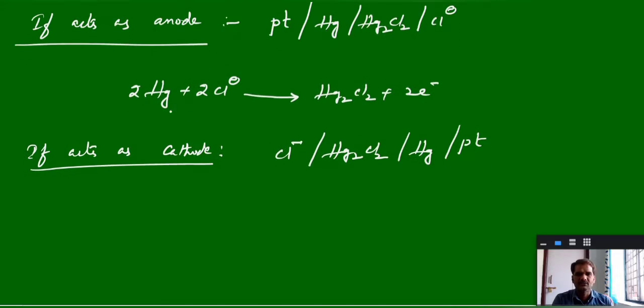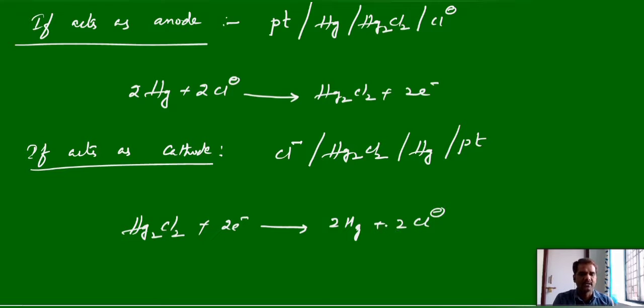The cell reaction quite opposite to the anodic reaction is the cathode reaction. That is, mercurous chloride gains 2 electrons and forms liquid mercury and 2Cl minus. So this is the cathodic reaction.